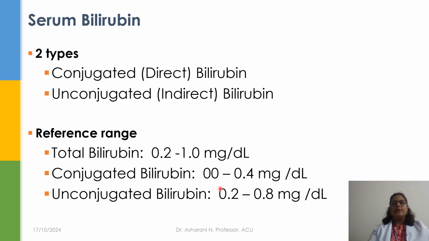Conjugated is 0 to 0.4 milligram per deciliter. Unconjugated is 0.2 to 0.8 milligram per deciliter. So normally we have slightly higher unconjugated bilirubin when compared to conjugated bilirubin. In further slides, we will see what is direct and indirect based on van den Bergh's reaction, the principle and interpretation of the reaction.